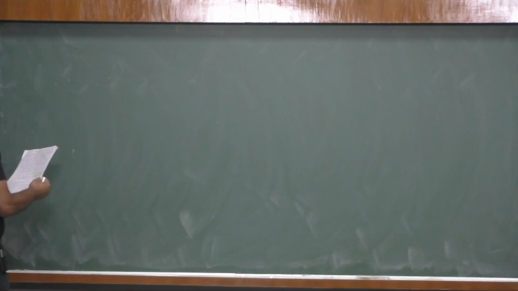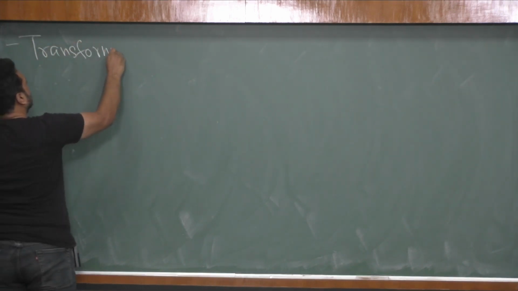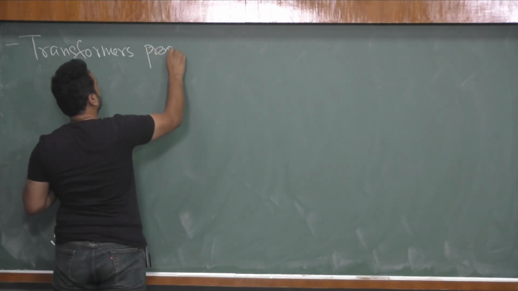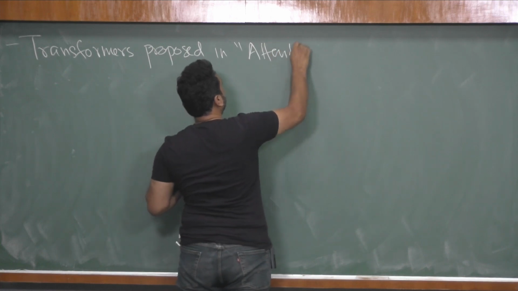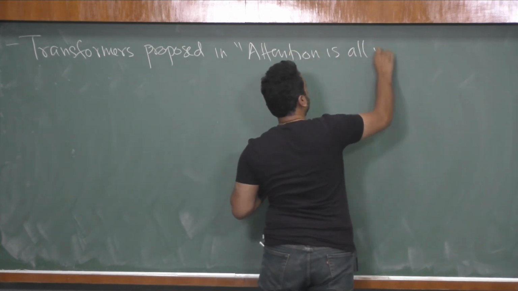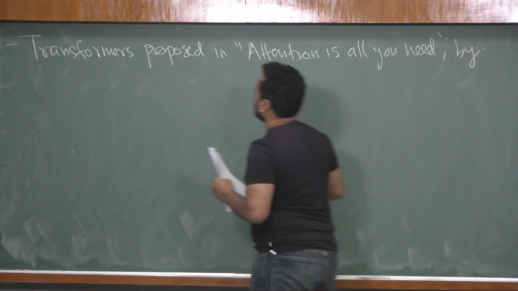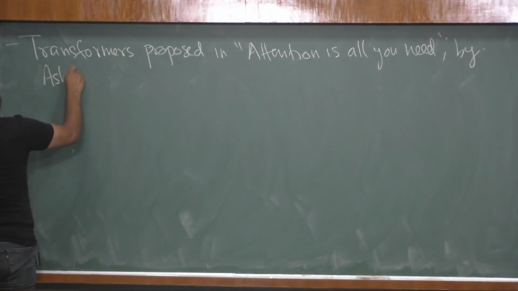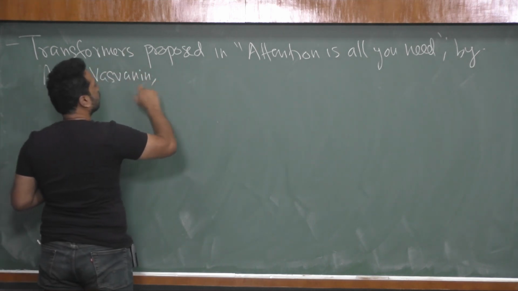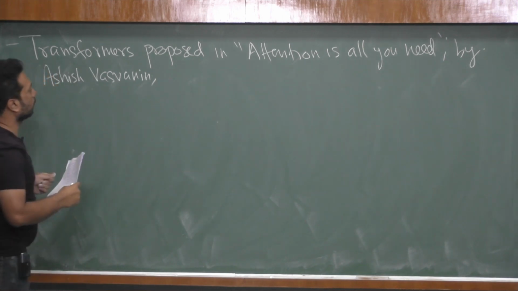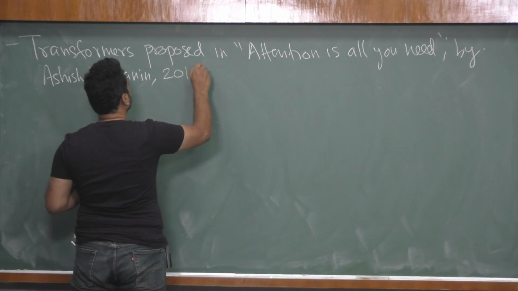So if we look into transformers, transformers were proposed in the paper Attention Is All You Need by Vaswani, and the year, I'm not very sure, I believe the year was 2016 or 14 somewhere.